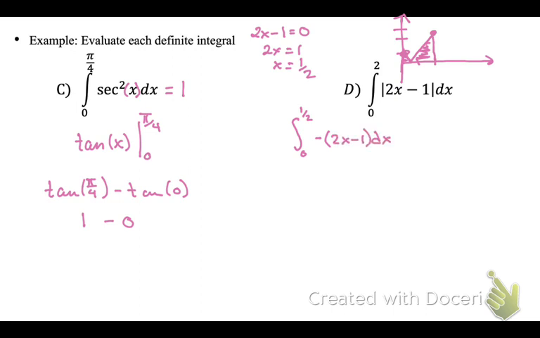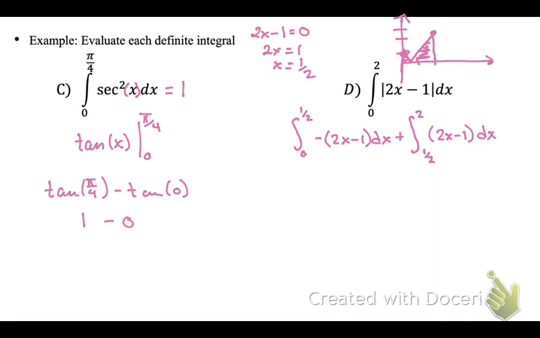Now, the reason why this is negative is, what is the slope of that little portion? It's down, it's negative. So we have that negative in front of it. Because in absolute value, everything that comes out is positive, but we have to acknowledge that this is going down. And then we're going to add the integral from 1/2 to 2 of 2x minus 1 dx.